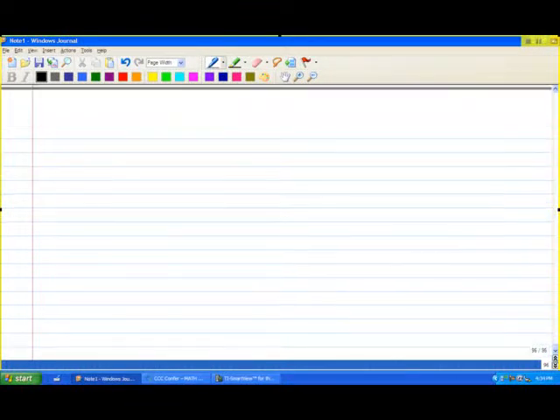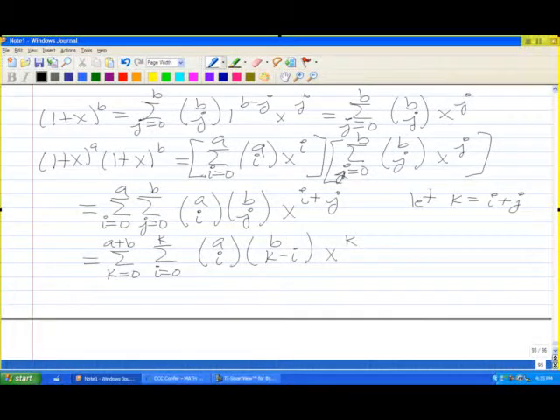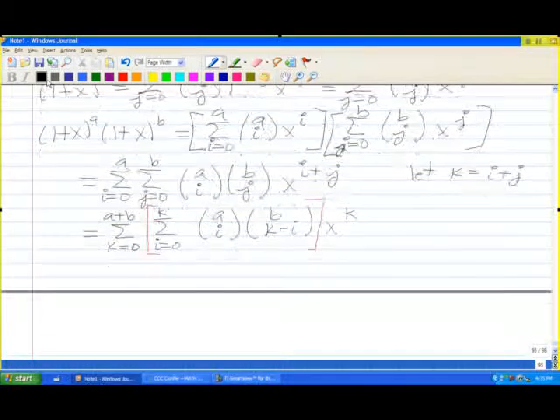Good. Also, let me just note this term here. And so these are really the coefficients of x to the k.